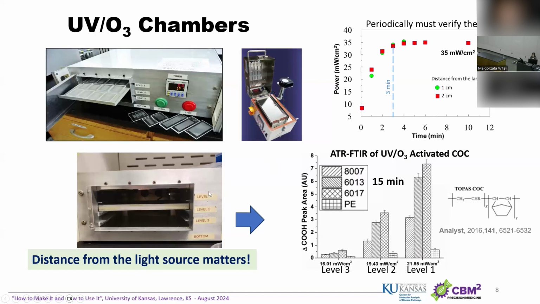Level 1 is the closest to the light source and produces the largest number of those oxygen-containing functionalities, which makes sense. But again, when you develop your QC protocols, you need to pay attention that you always position your material the same level from the light source.